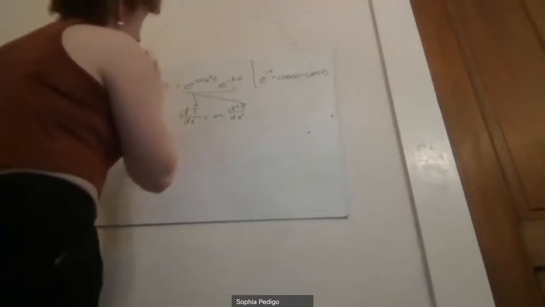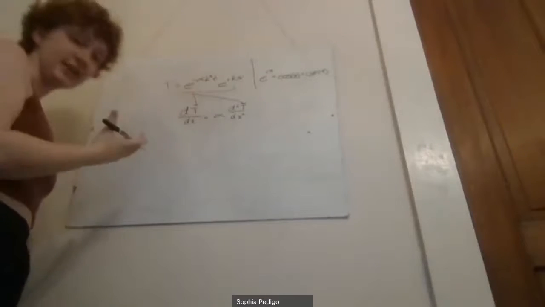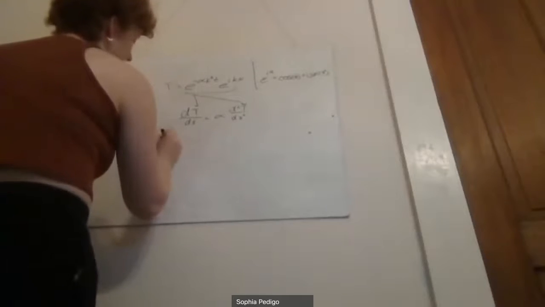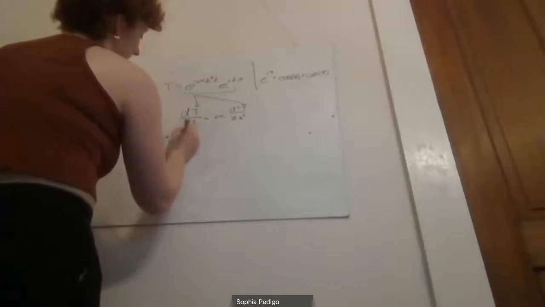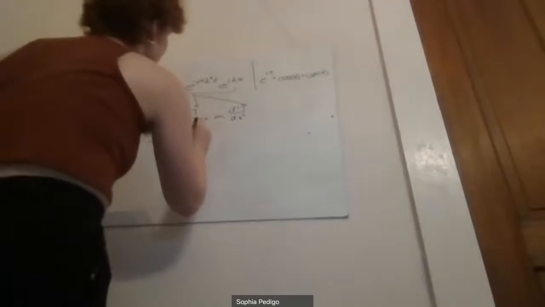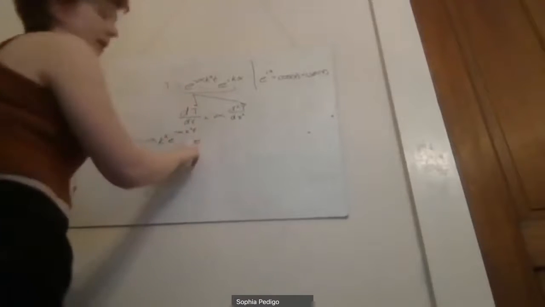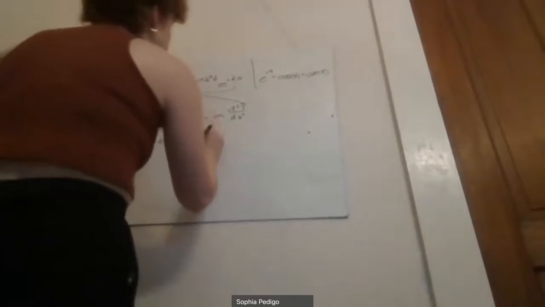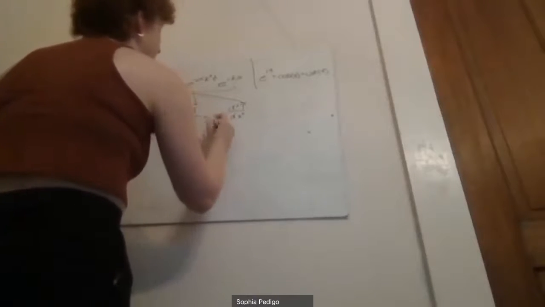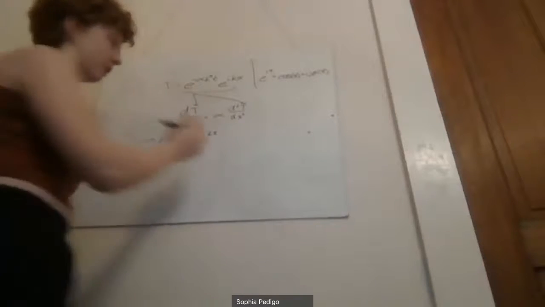So on this side, when we plug our equation in for T and take the derivative, we end up with negative alpha k squared e to the negative alpha k squared t. Alpha is our heat diffusion coefficient, k is just some integer, and t is our time, and that's going to be multiplied by Euler's number raised to the i, an imaginary number, multiplied again by k, and x, our position in the x direction.